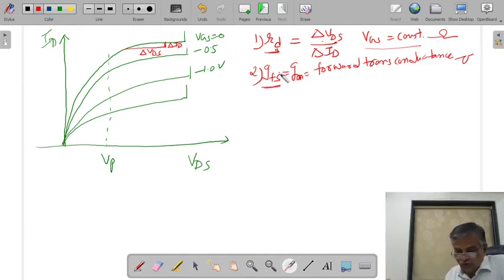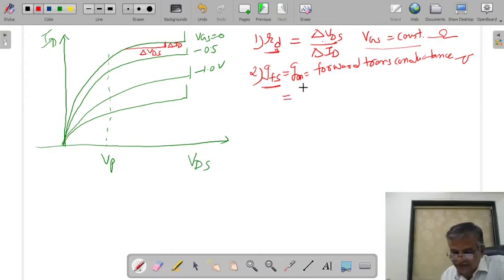This value shows the control of the gate over the drain current. It shows how much control the FET has on the drain current by the gate voltage. This parameter gives you the indication of how much the gate voltage has control over the drain current.